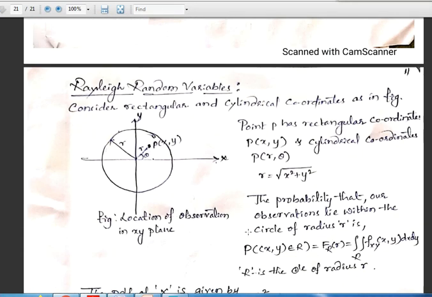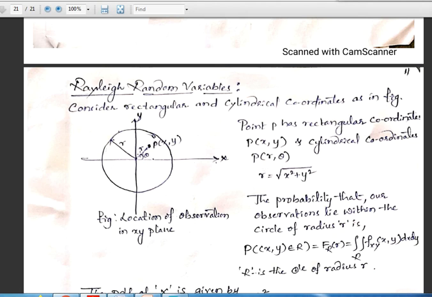Then the last one is the Rayleigh random variable. The Rayleigh random variable has rectangular and cylindrical coordinates as in the figure. Let's consider the point P, which has to be represented in the Cartesian or rectangular coordinate system and also in the cylindrical coordinate system.